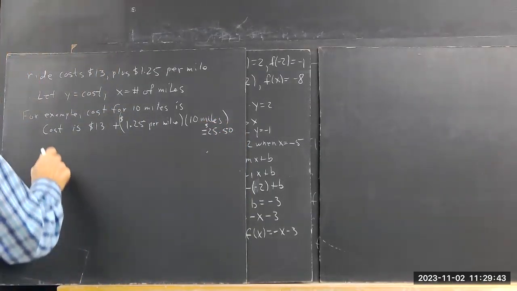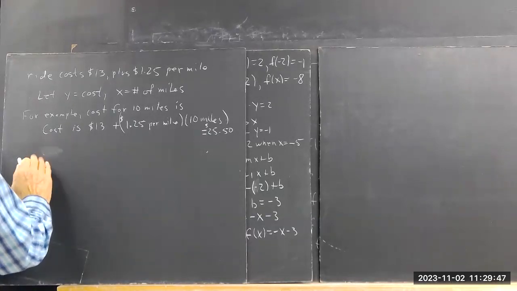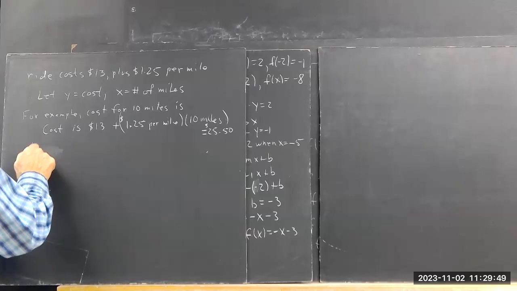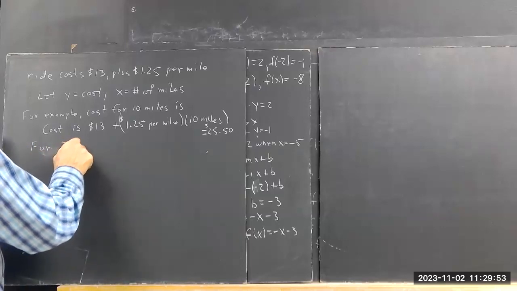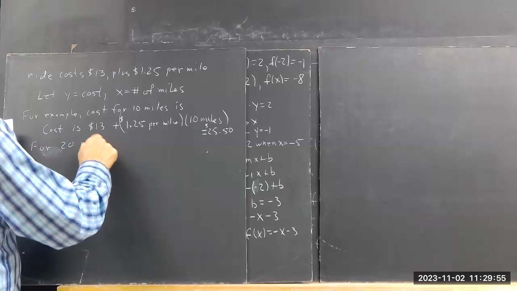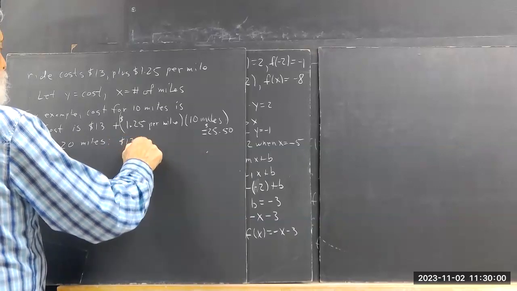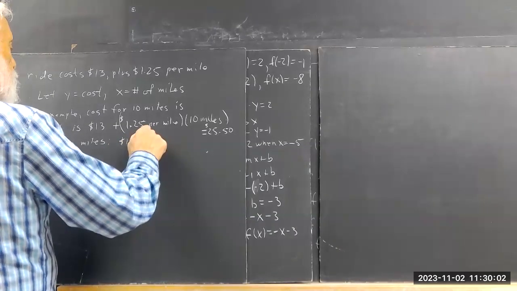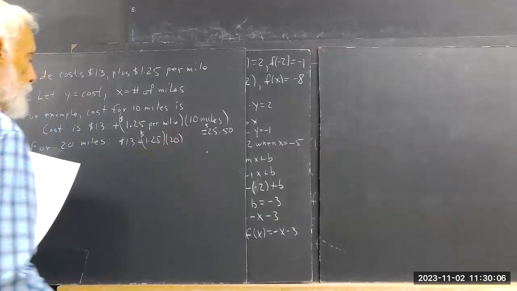Okay, you might do another. What would it be for 20 miles? $13 plus $1.25 times 20 miles.